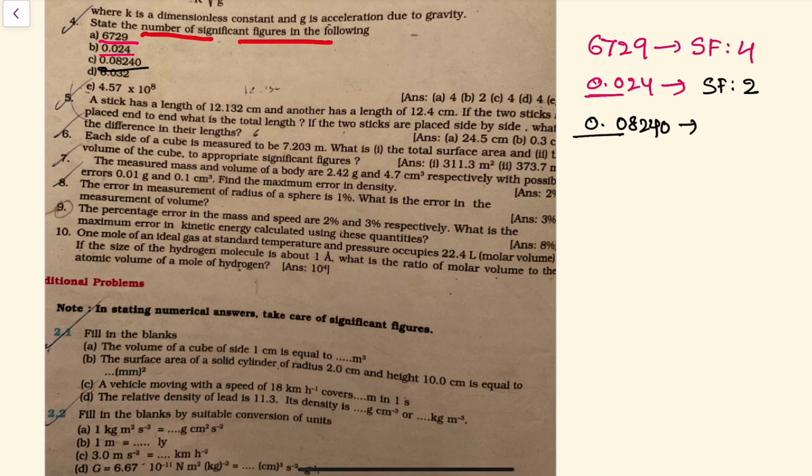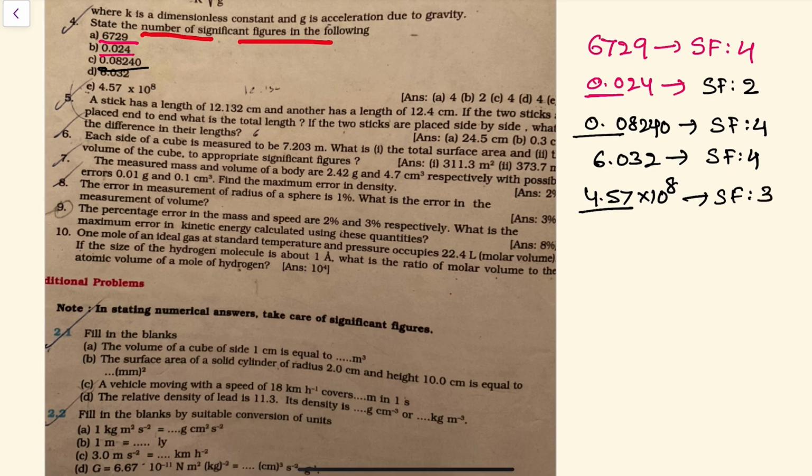Leading zeros are not counted. It is only having 4 significant figures. 6.032. It is purely 4. 4.57 into 10 power 8. It is purely 3. Right. So these are the simple calculations of significant figures.